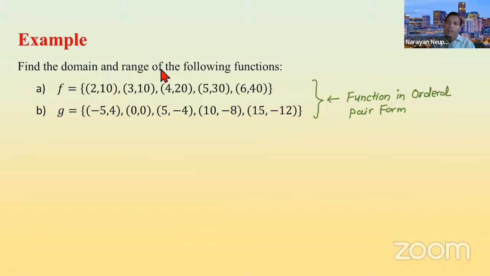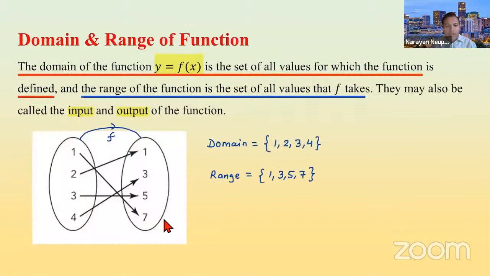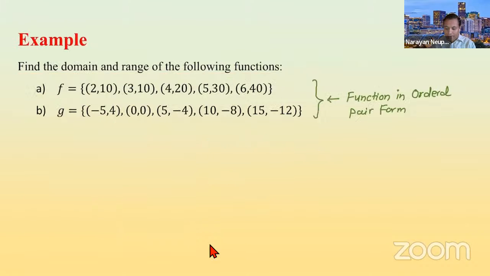When a function is given in ordered pair form, like in the previous example, you can represent it using a diagram like this. So let's begin with the first part, A. If we want to create a diagram for that, you can draw two circles, or I should say two ovals.